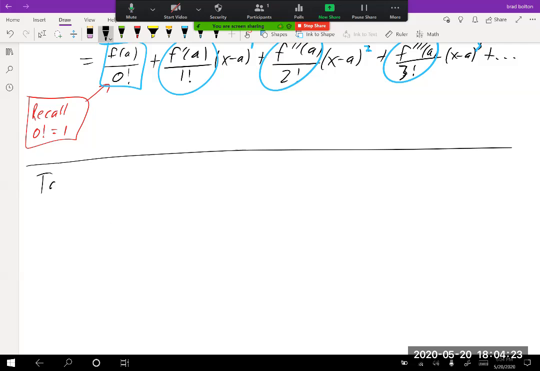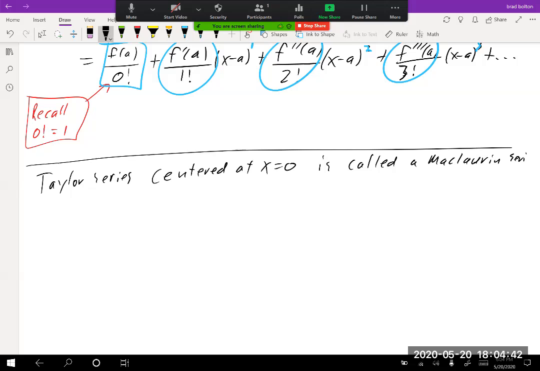So a Taylor series centered at x equals 0 is called a Maclaurin series. So it's just a special type of Taylor series. And it looks like this.